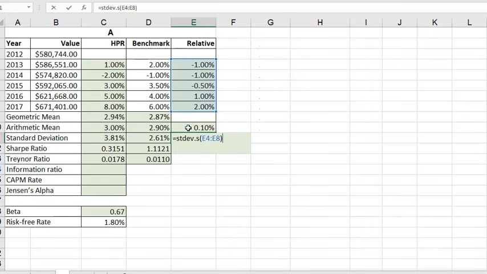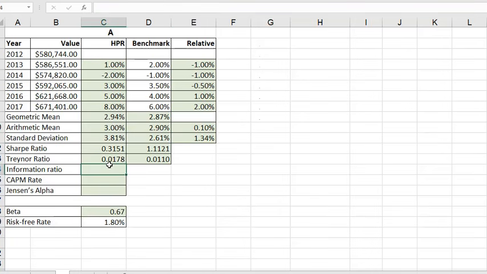But think about this: if we have a good arithmetic mean but we have a large standard deviation down here, that means we're exposed to a lot of risk related to that extra return. So we would like this standard deviation down here to be small as well. That way we're more sure about getting that mean relative return. So here's our mean return, and here's our standard deviation.